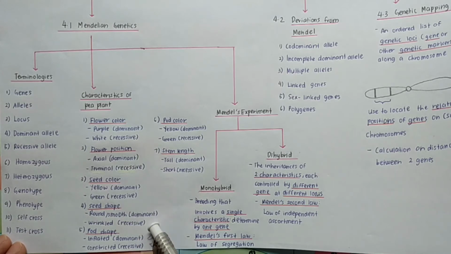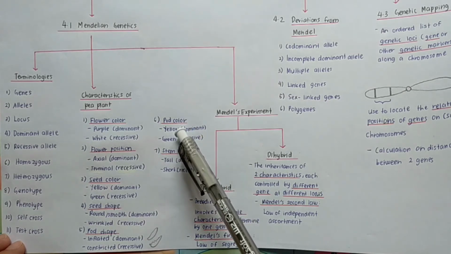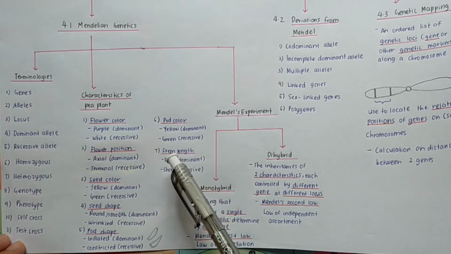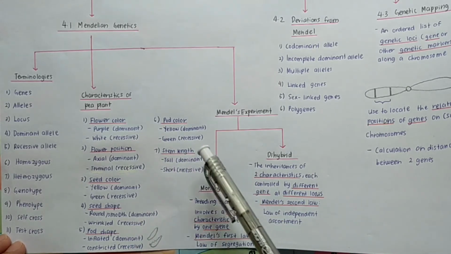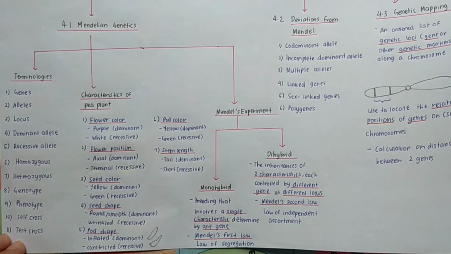So seed tu tadi akan berada di dalam dia punya pod lah. Next, pod color. The color will be yellow, which is dominant, or green, which is recessive. The last one refers to the stem length. Either the plant is tall or short. Tall is the dominant phenotype, short is the recessive phenotype.